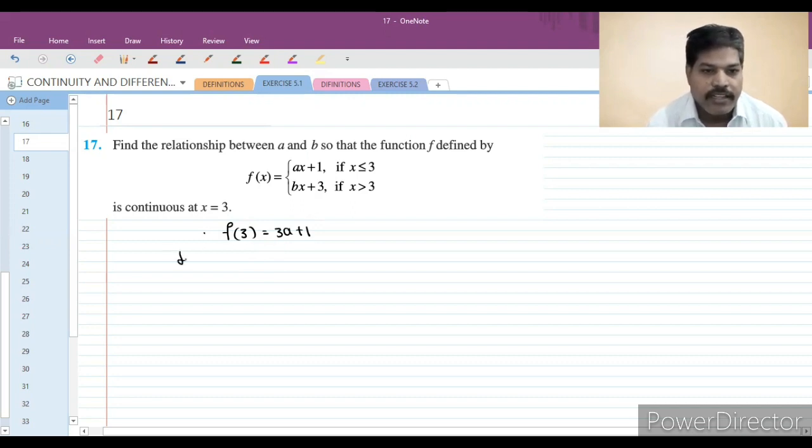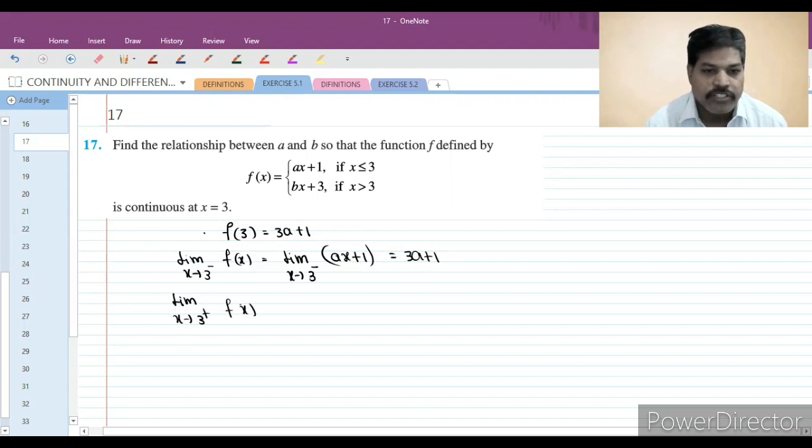Next, I will calculate the limit as x tends to 3 minus of f of x. What is the f of x value for x less than or equal to 3? It will become ax plus 1. So automatically it will become 3a plus 1. And also the limit as x tends to 3 plus of f of x.